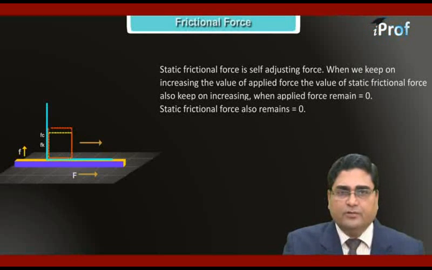The maximum value of static frictional force, till the block does not slide on the sliding surface, is known as limiting frictional force or maximum value of static frictional force.